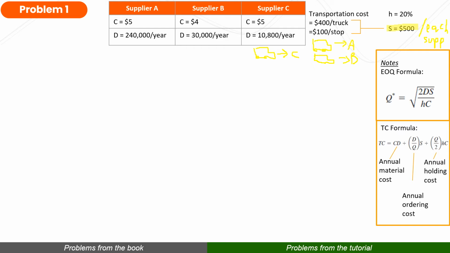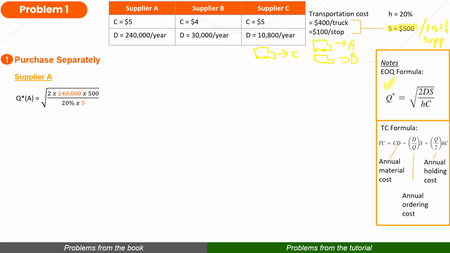So we have to compute the total cost from each supplier, but before we get the total cost, we need to compute the Q star or the EOQ first. So for the supplier A, the Q star, as you can see, the formula is here.